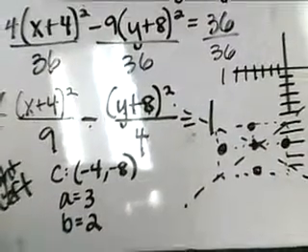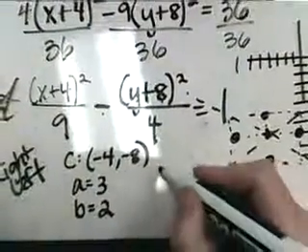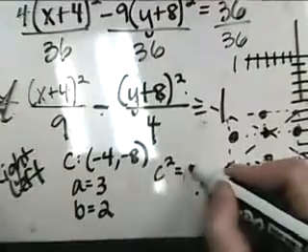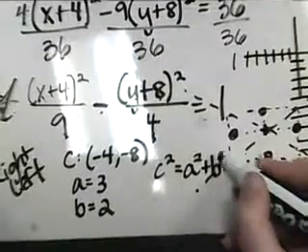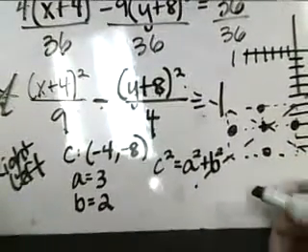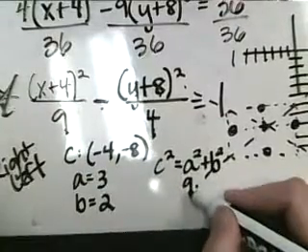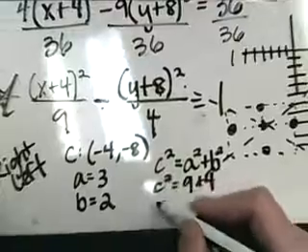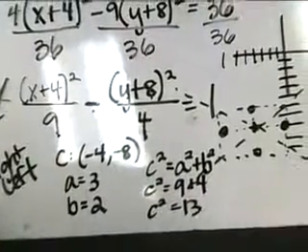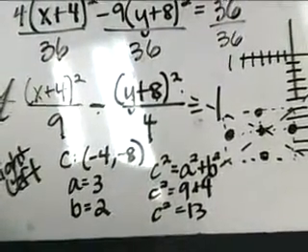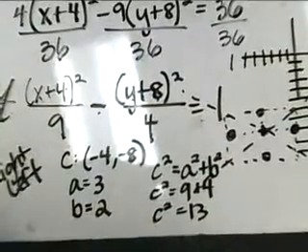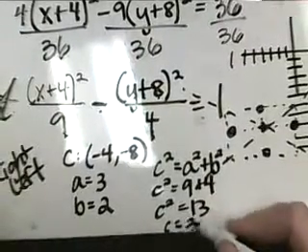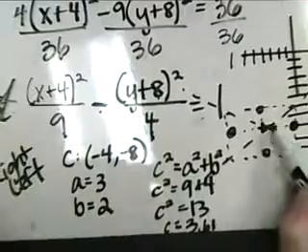And we need our foci. I'm not going to forget this time. Foci formula is c squared equals a squared plus b squared. So our a squared is 9, and our b squared is 4. That gives me c squared is 13, or c is about 3.61.